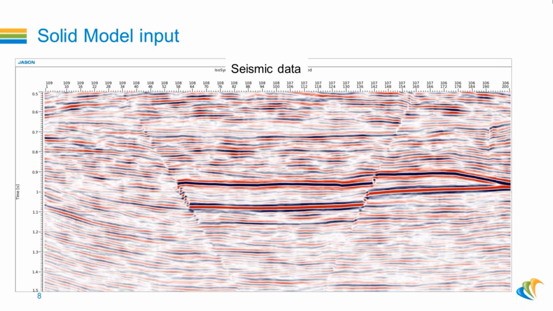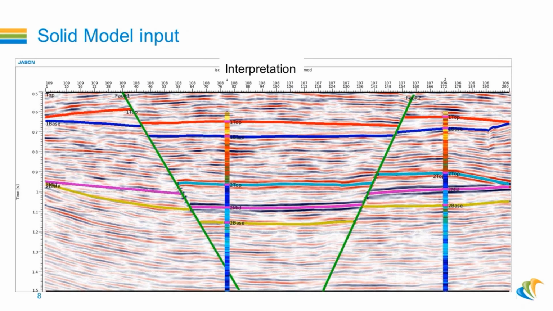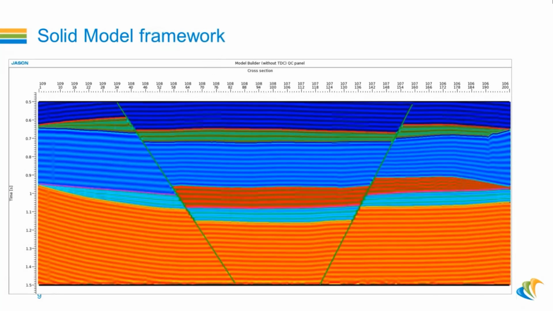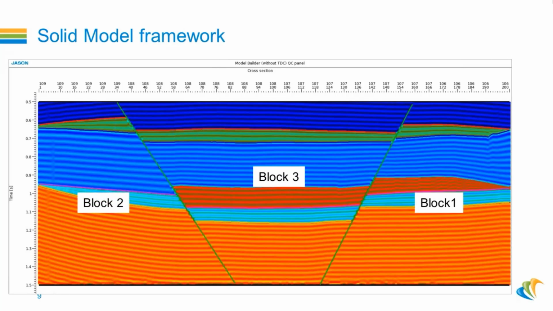So starting with your seismic data, you'll have your well information, and you'll have some interpreted horizons and faults. These are then put into a framework, so you have to design it such that you have different fault blocks. So this is a QC where you look at the cross section of what you've built, and here I've built up the fault block starting from the bottom, working its way up.